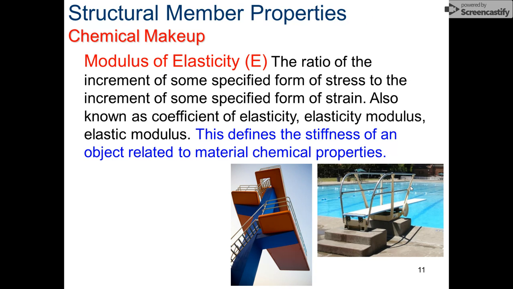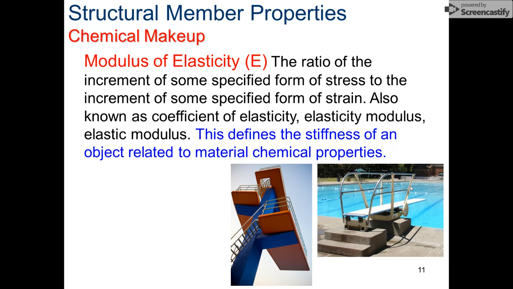Now we get into the modulus of elasticity. That's the ratio of the increment of some specified form of stress. It defines the stiffness of an object related to its material chemical properties. Okay, so moment of inertia was how it was orientated.